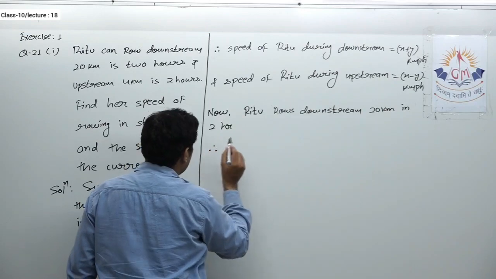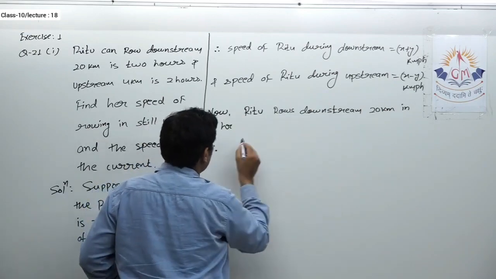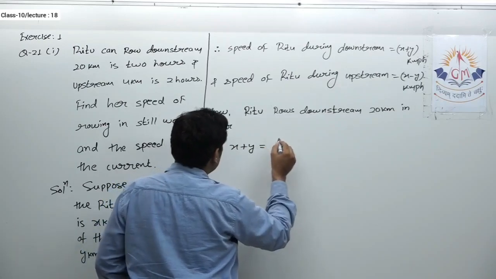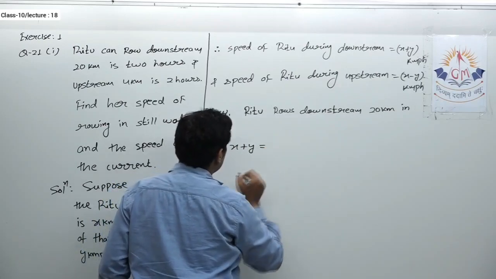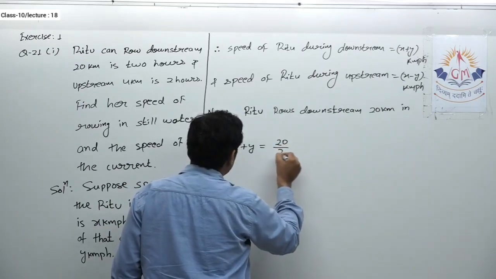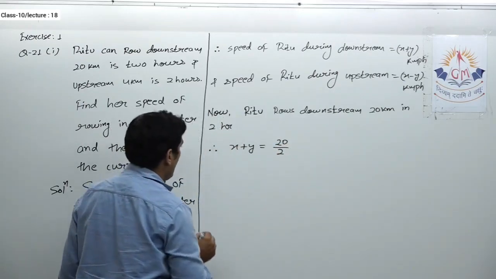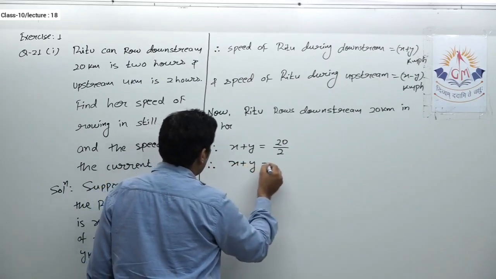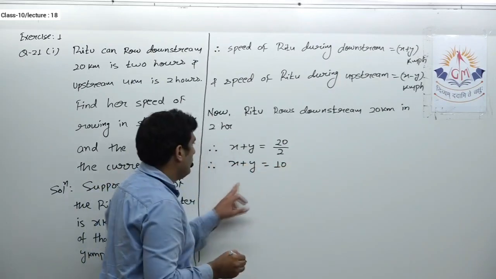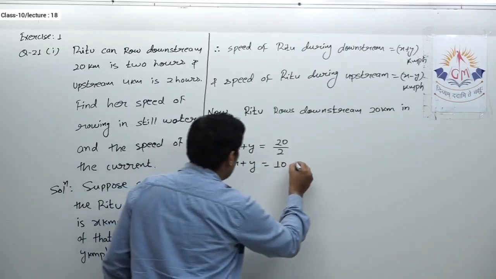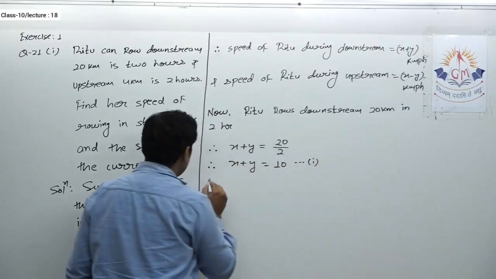Therefore, during downstream, speed x plus y is equal to distance upon time, that is 20 upon 2. So x plus y is equal to 10. This is equation number 1.